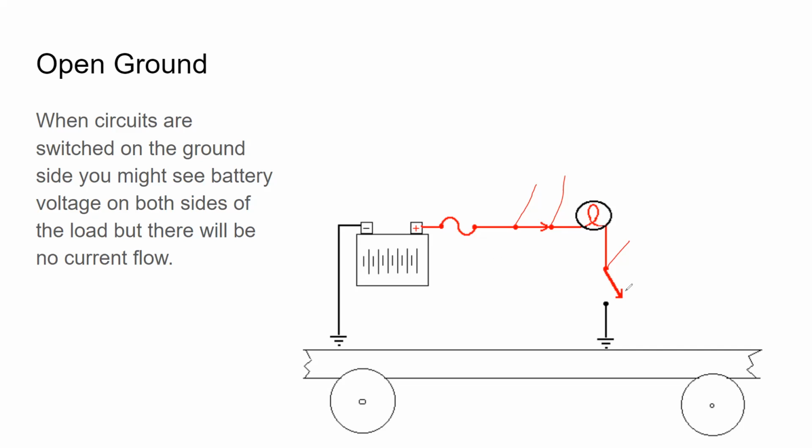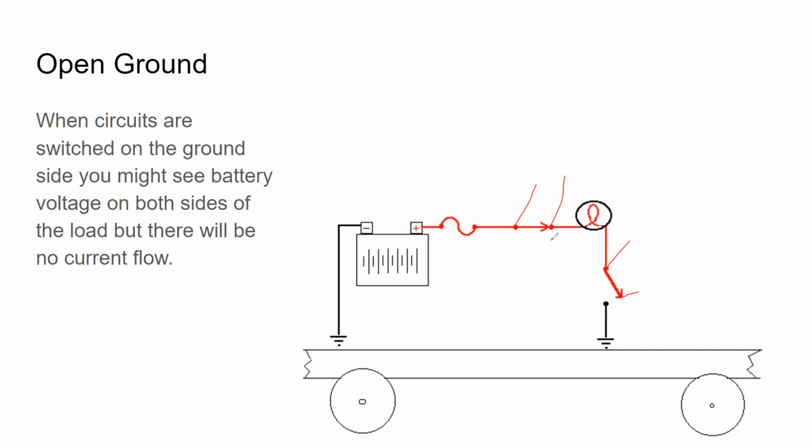Even if we took apart the switch and measured the part of the switch that moves compared to the part of the switch that's supposed to touch, we'll see 12 volts. We've got voltage, but since our circuit is open, we've got no current flow. Since there's no current flow, there's no work being done, and our bulb, even though it has a positive potential, is not going to glow.